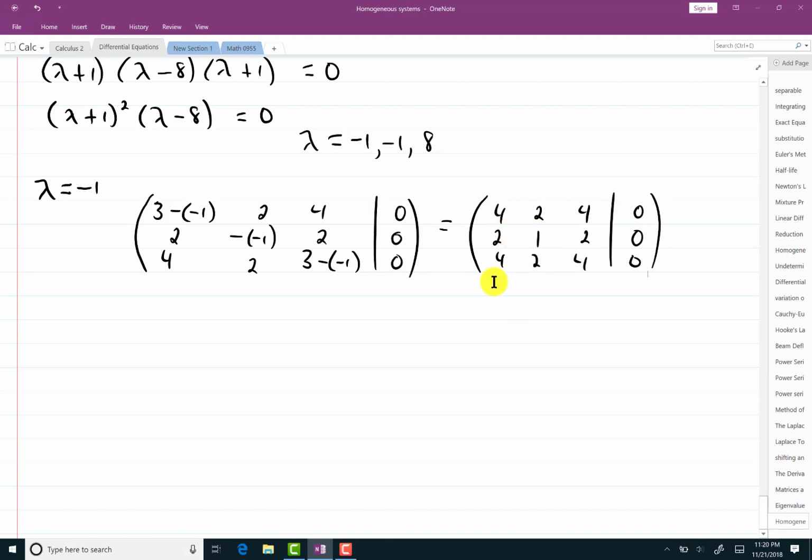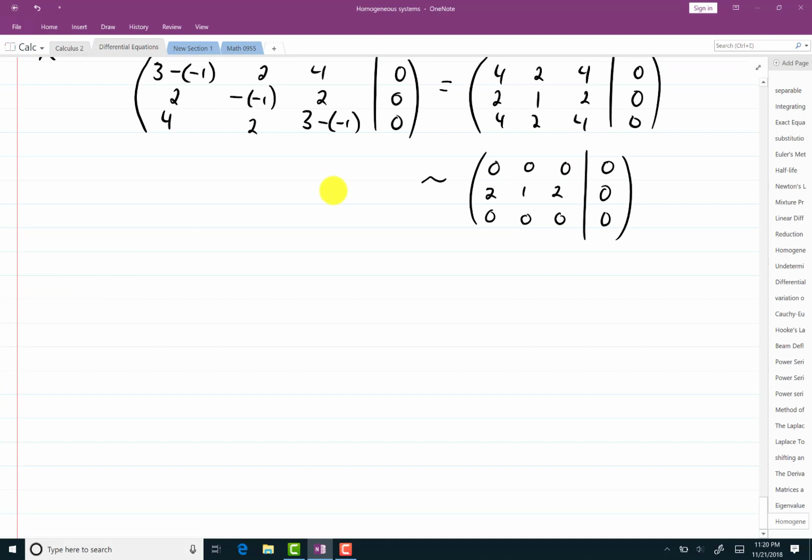So I can use the second row to wipe out both the first and the third row. I can take negative 2 R2 plus R1, negative 2 R2 plus R3, and that'll wipe out the first and third rows. What I'm getting at is, after doing that, you'll have a matrix like this. You don't even have to do that to see where I'm going here.